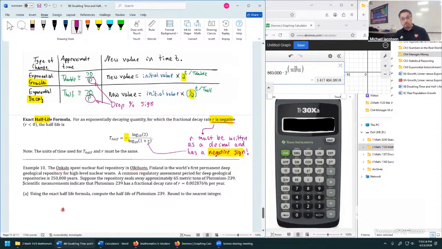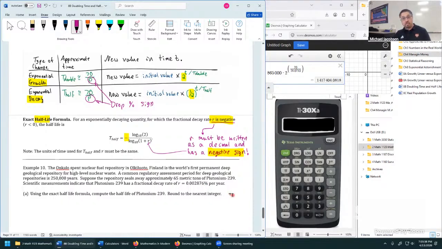We know a little bit about this particular isotope of plutonium. Scientific measurements indicate that plutonium-239 has a fractional decay rate of 0.0028776% per year. Even though it's radioactive, it's actually really stable, which in some ways is kind of unfortunate.